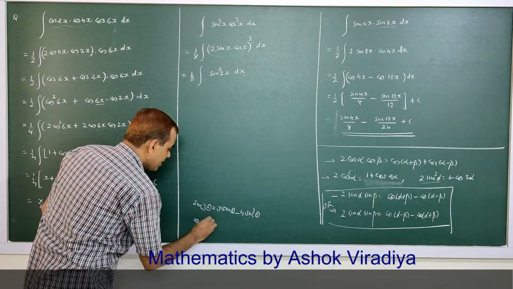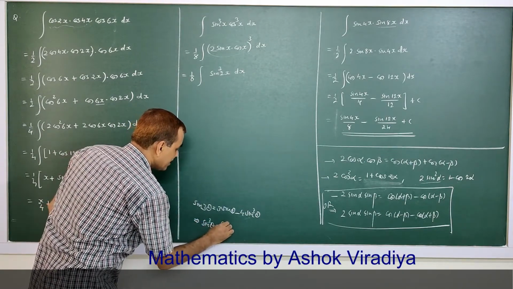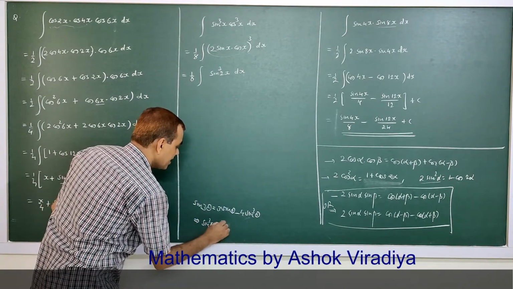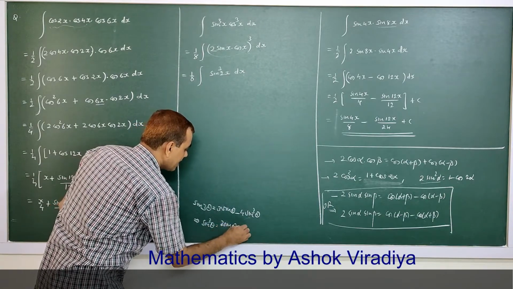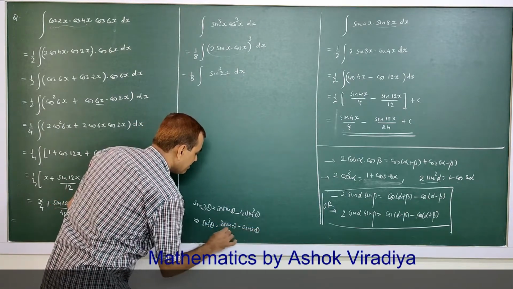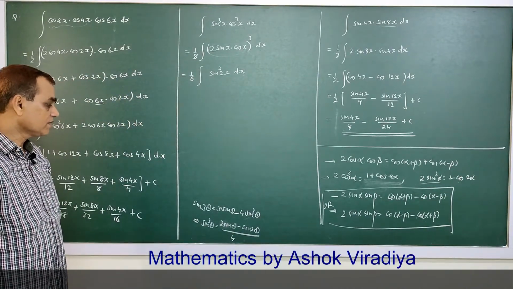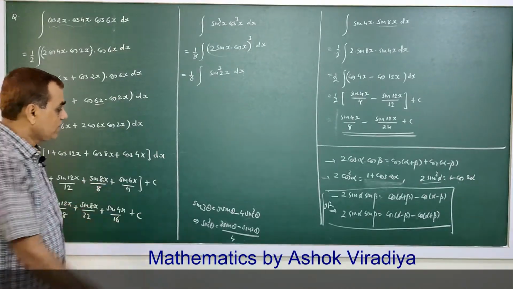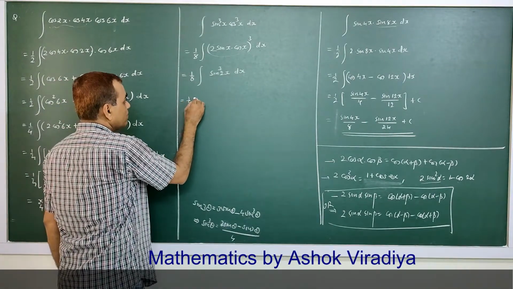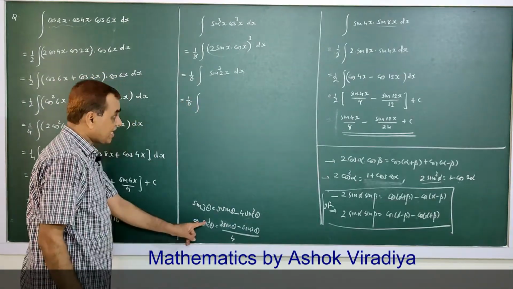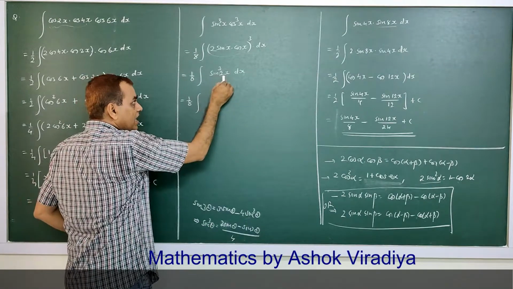Therefore sine cube theta is (3 sine theta minus sine 3 theta) divided by 4. So using this rule, it is equal to 1 by 8 sine cube theta. This is our theta.